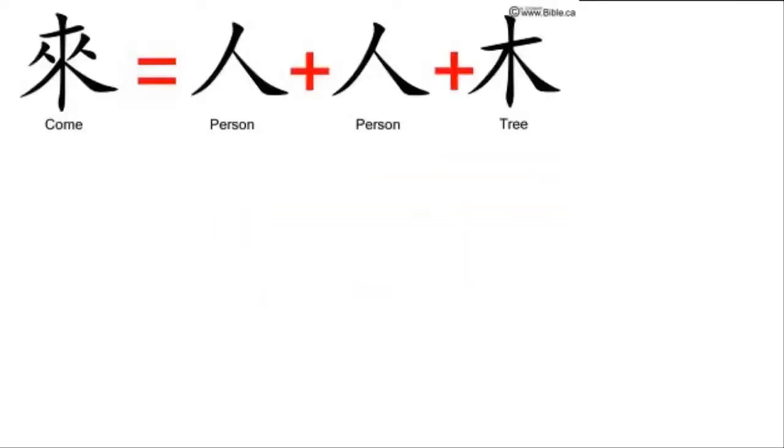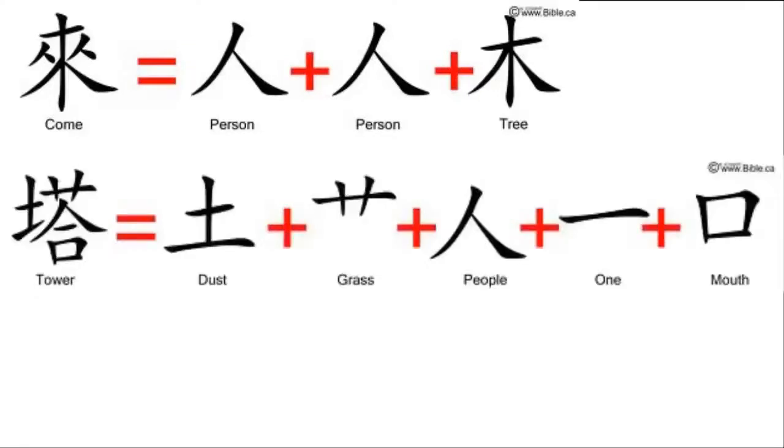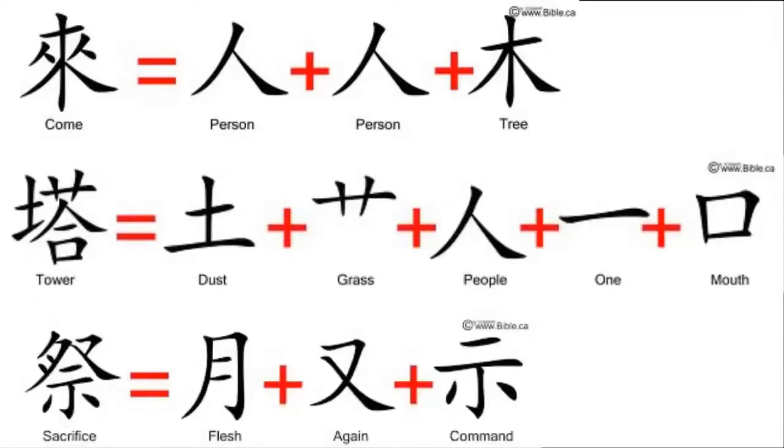Most of Chinese characters can be broken down into components, or are so basic that they themselves are already in the simplest form.